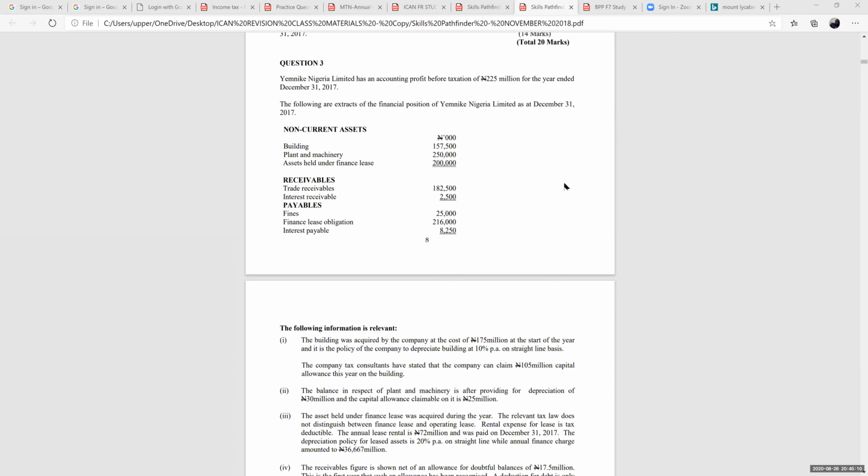Yemike Nigeria Limited has an accounting profit before taxation of 225 million for the year ended 31st December 2017. The following are extracts of the financial position of Yemike Nigeria Limited as of December 31, 2017.